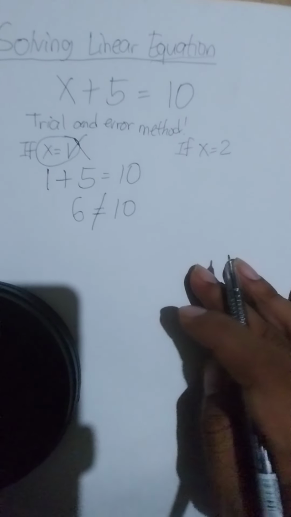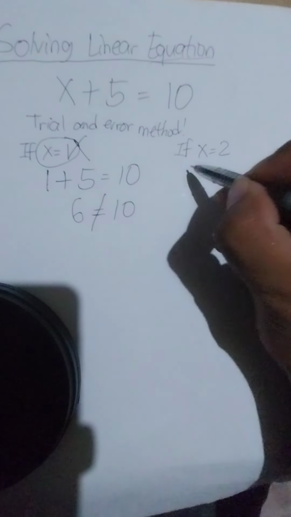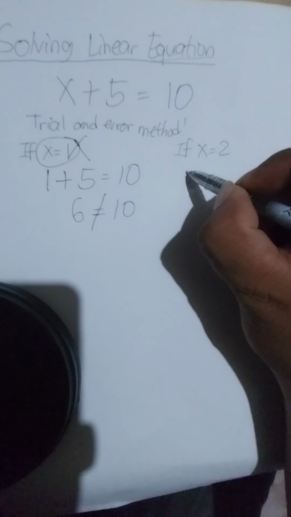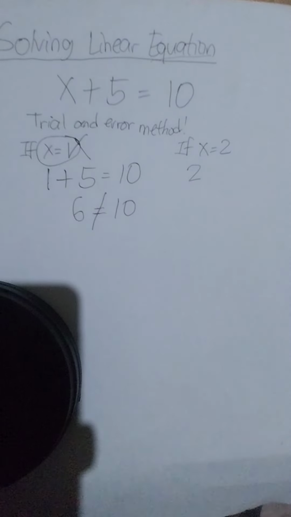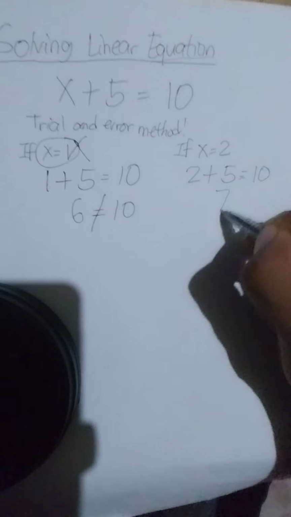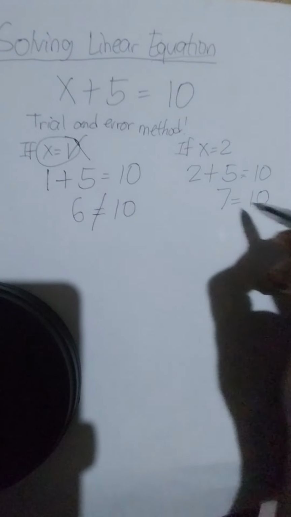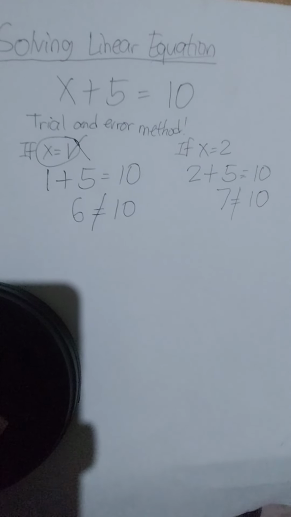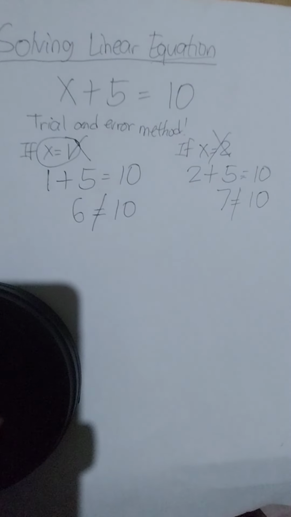Let's try if x is equal to 2. Instead of writing the value of x, we are going to put the number 2. 2 plus 5, just copy the equation given from the top. 2 plus 5 equals 7, and 7 equals 10 is definitely not equal. So x equals 2 is not the correct answer for this problem.